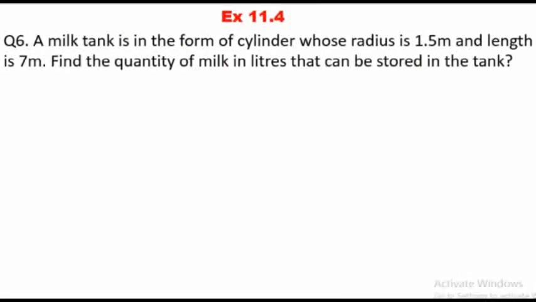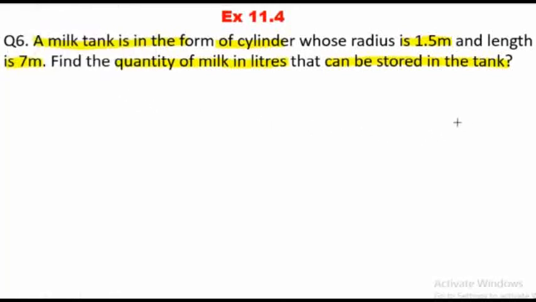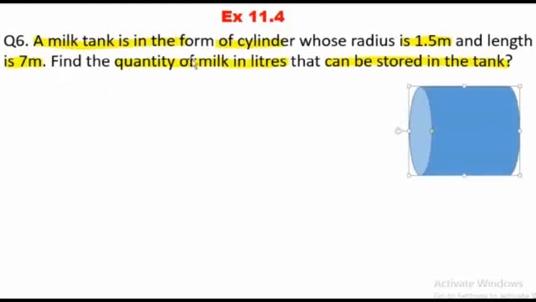Exercise 11.4, question number 6. A milk tank is in the form of cylinder whose radius is 1.5 meter and length is 7 meter. Find the quantity of milk in liter that can be stored in the tank. So a milk tank like this is there.